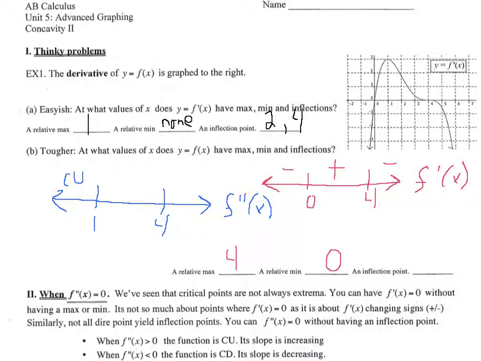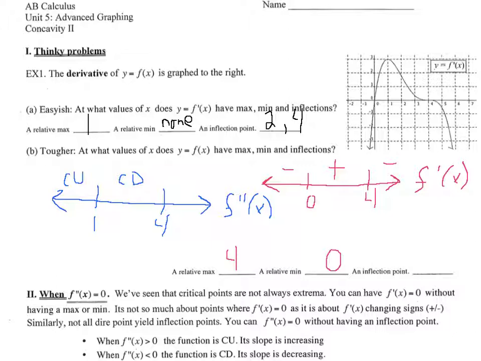After 1, between 1 and 4, all of these are negative slopes. Second derivative here is going to be negative down to 4. So if we have negative slopes, then we are concave down.